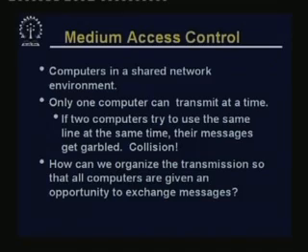Okay. If you remember, when we were talking about multiplexing, that is also in some sense we are sharing a medium. Okay. So, we had time division multiplexing and frequency division multiplexing.